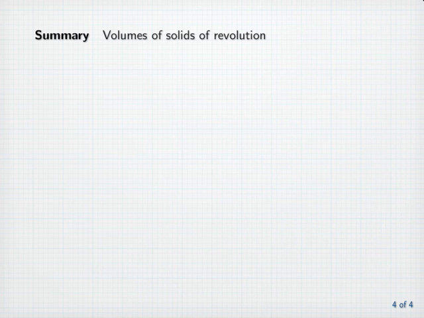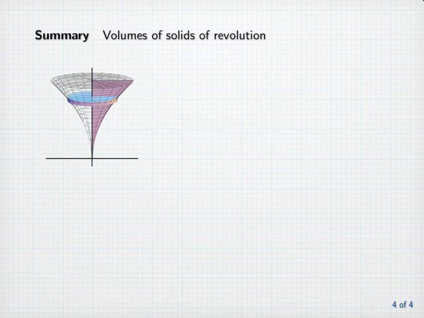Now let's look at a summary of volumes of solids of revolution. Let's say that we're going to take a region and revolve it around the y-axis, or for that matter, some other vertical axis. If we take a slice of the region that's perpendicular to the axis of rotation and revolve that around the axis, we end up with a typical disk within the solid.